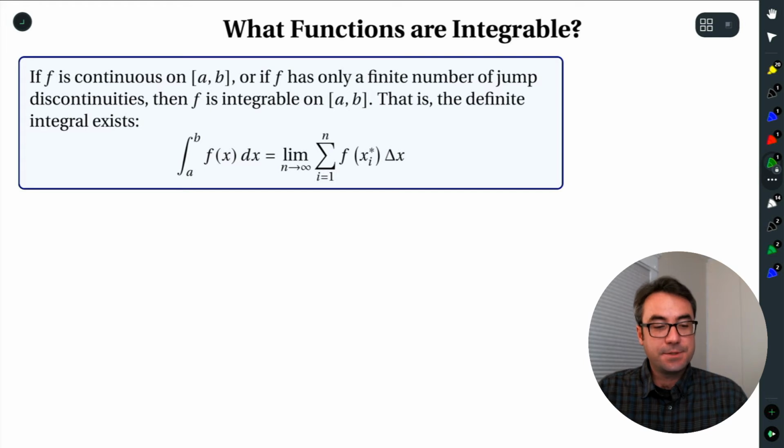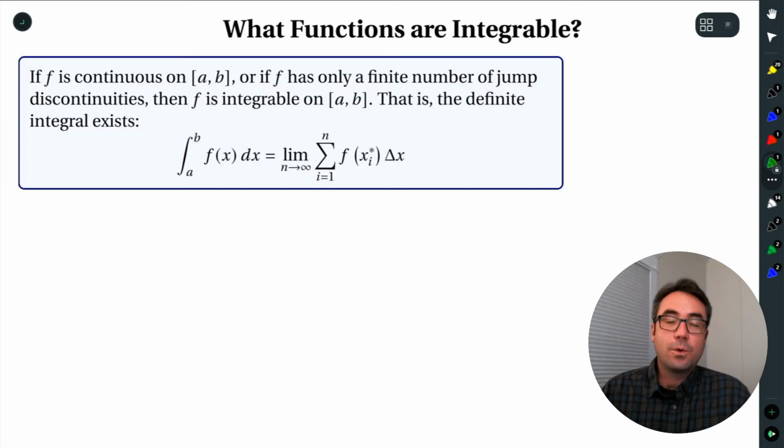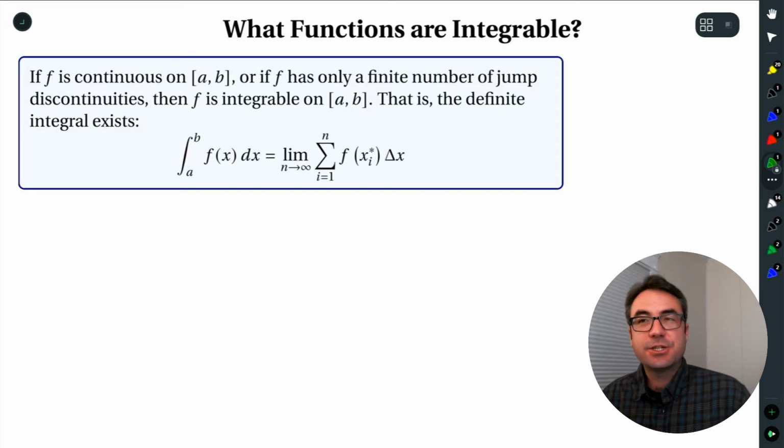It turns out that if our function is continuous on the interval from a to b, or we can relax that condition a little bit, if our function has only a finite number of jump discontinuities, then the function f is integrable on the interval from a to b. That means our definite integral actually exists.